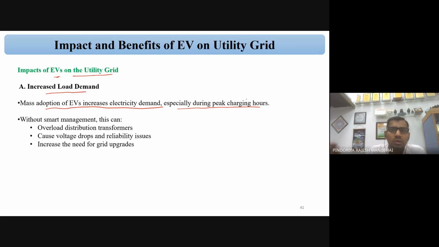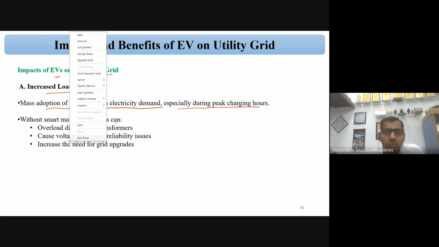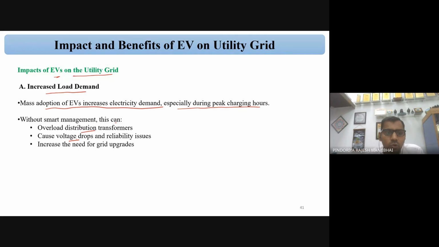Without smart management, this can overload the distribution transformer, cause voltage drop and reliability issues, and increase the need for grid upgrades. Correct. So that is increased load demand. And the simple relation is that during charging, it will take too much current.